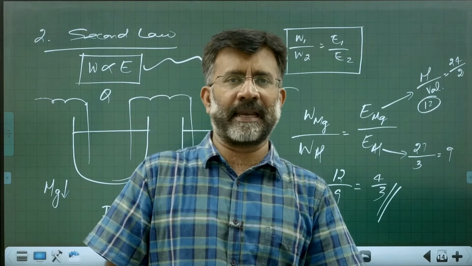Now what is the anode reaction? At the anode, there is always oxidation. So zinc undergoes oxidation and is converted to Zn2+. What is happening at the cathode? MnO2, manganese dioxide, is undergoing reduction. MnO2 in ammoniacal medium is converted to MnOOH.